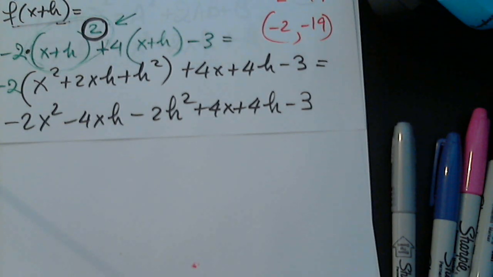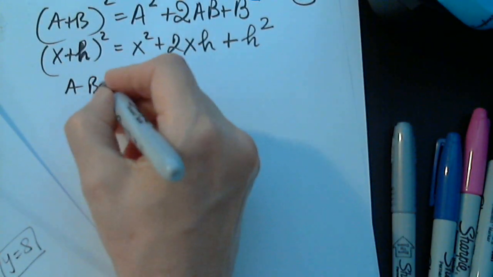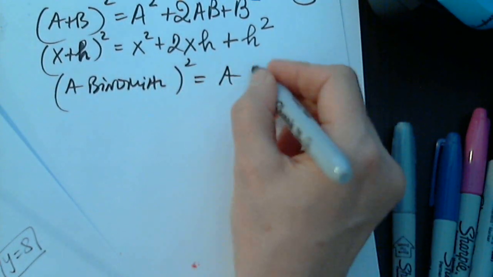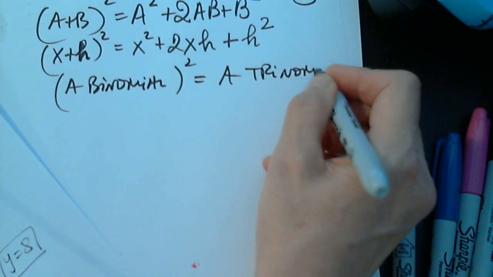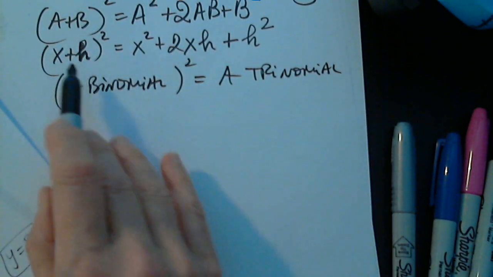Is that how we solve it every single time? Every single time, for forever and for good. Yes, if you have to square a binomial, squared is always a trinomial. Two terms, when we square a sum or a difference of two terms.